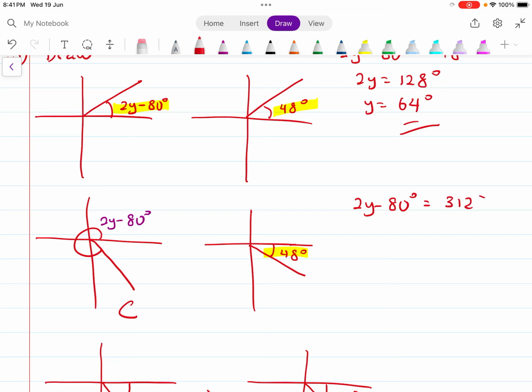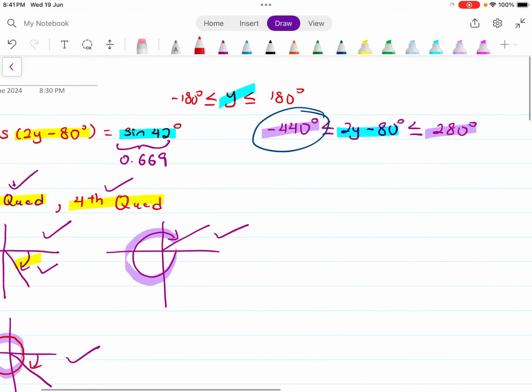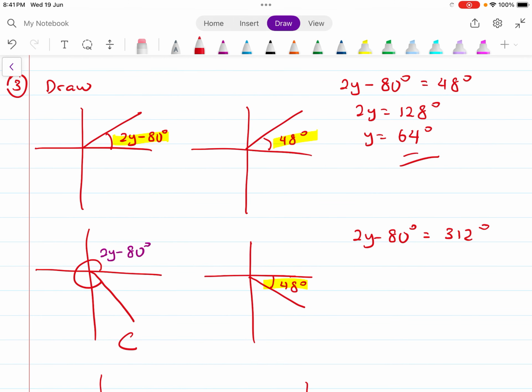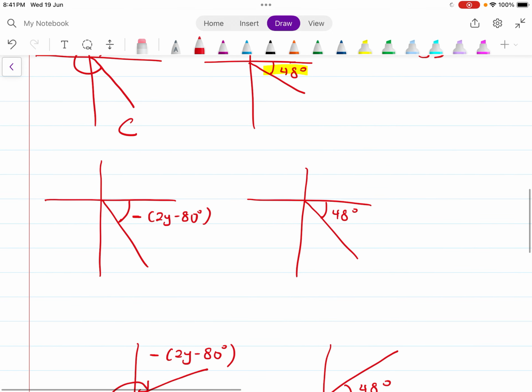Okay, before I continue on, I go back to the range that I set just now. For 2y minus 80, the maximum you can go is 280. So this answer right here, 312 degrees, must be rejected. It's out of range already. So right now I only got one answer, 64 degrees. Now we go on to the negative quadrant.